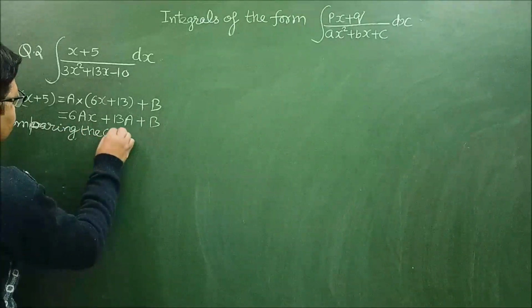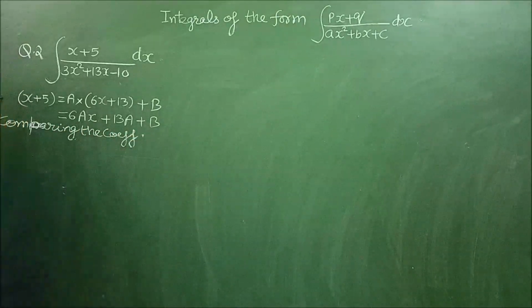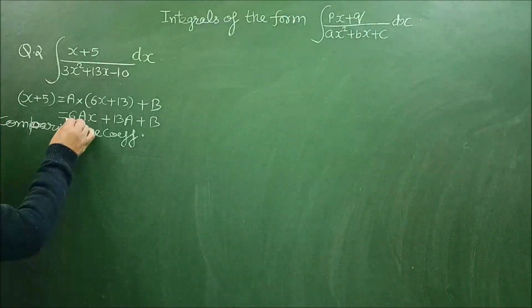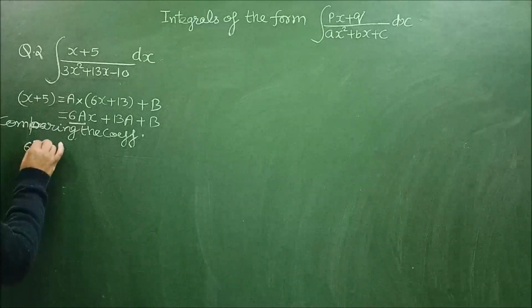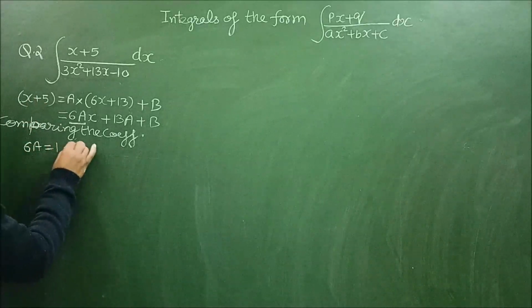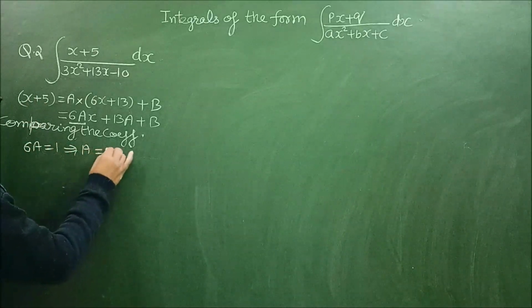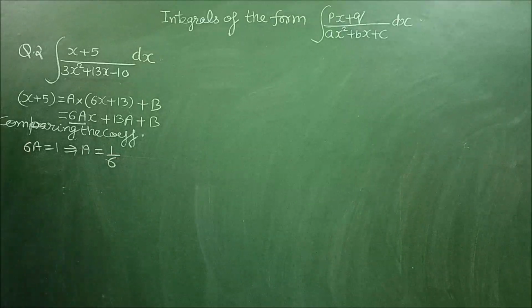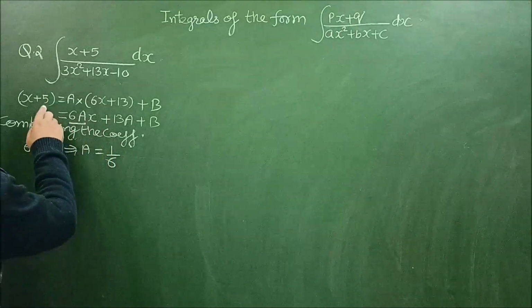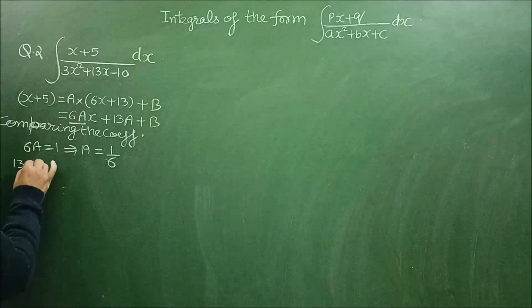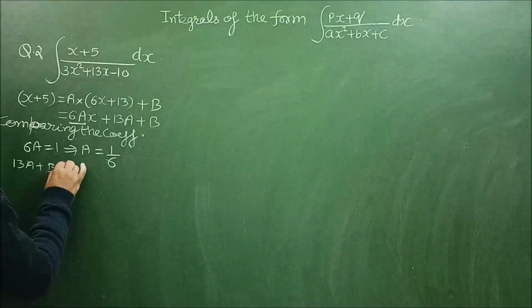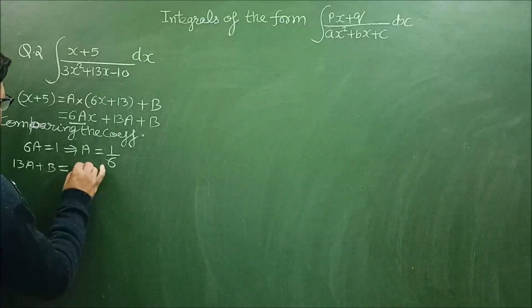If we compare the coefficient of x here, then the coefficient of x is 6a here, and here it is 1. So 6a is equal to 1. This gives the value of a is equal to 1 by 6. Now comparing the constant term, 13a plus b here, and on the left hand side it is 5. So 13a plus b is equal to 5.